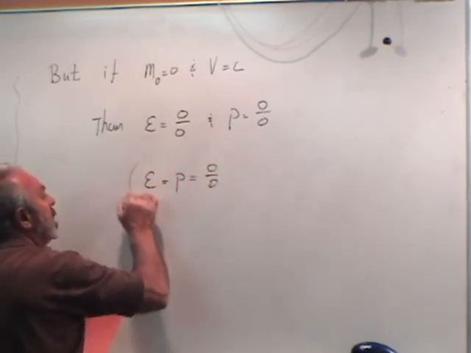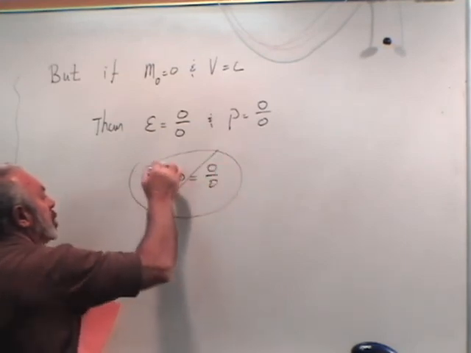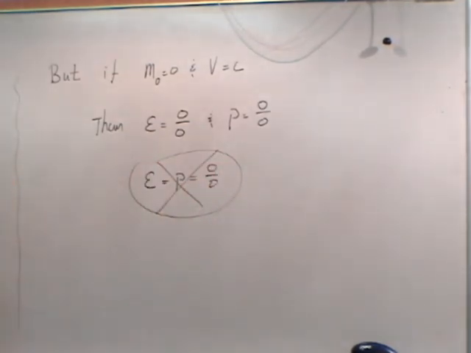I'm going to put a big X through it, for a very specific reason. That's correct. They might not be the same. They are both indeterminate, but they are probably different. That's why. Yes, good. Good point.